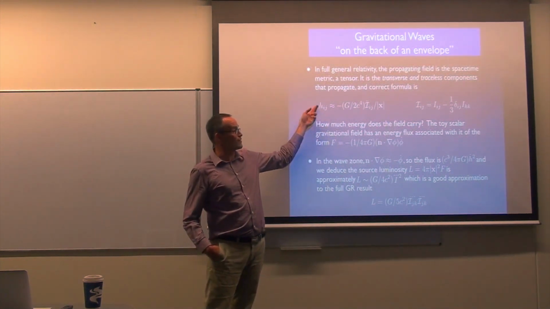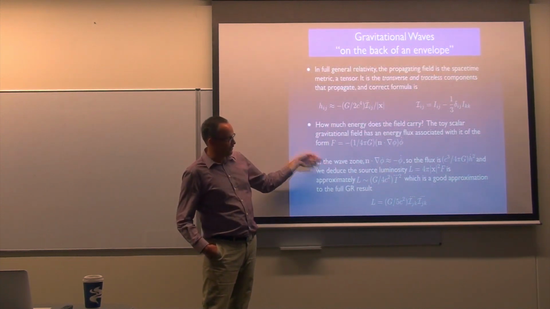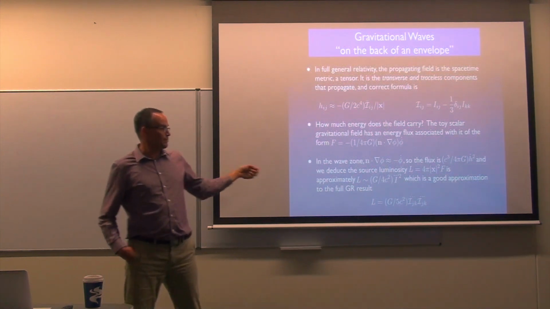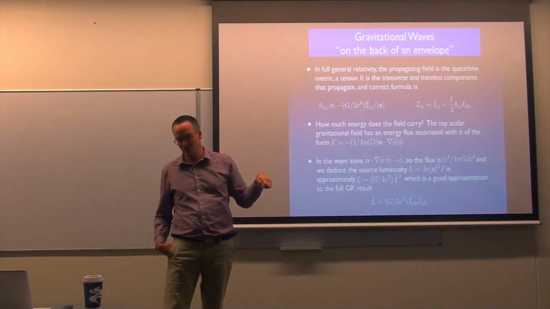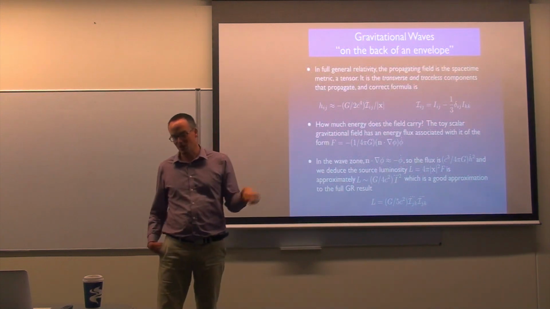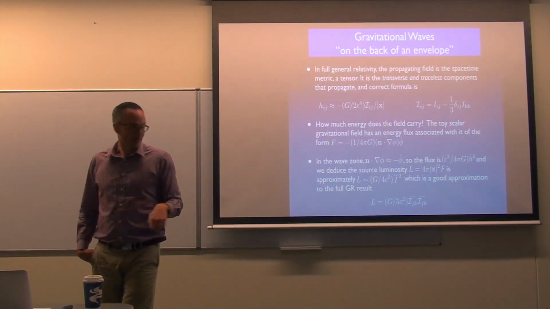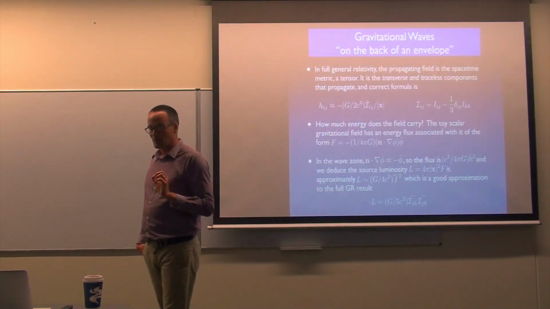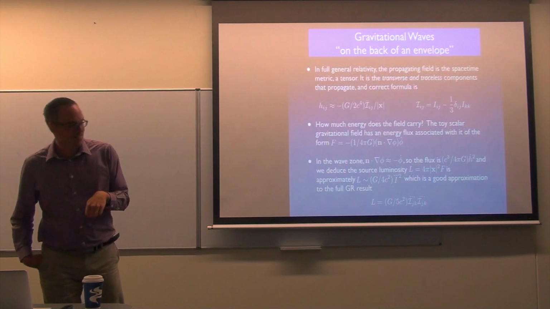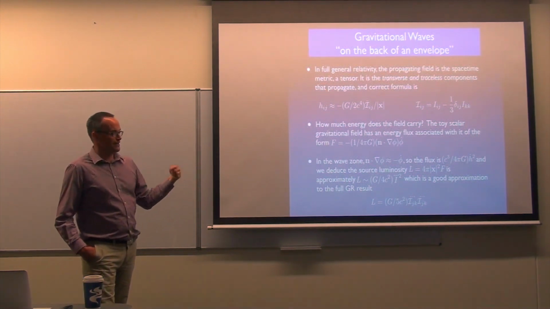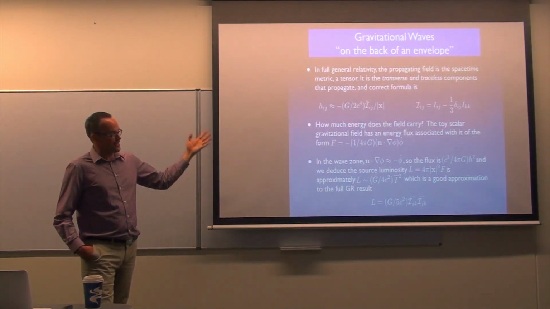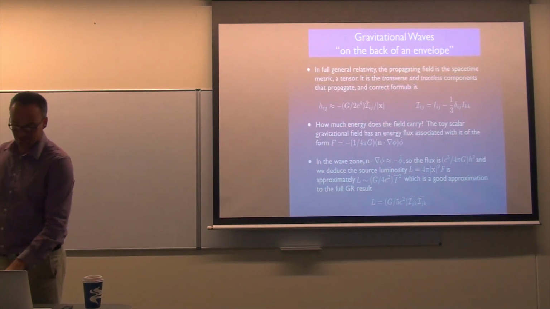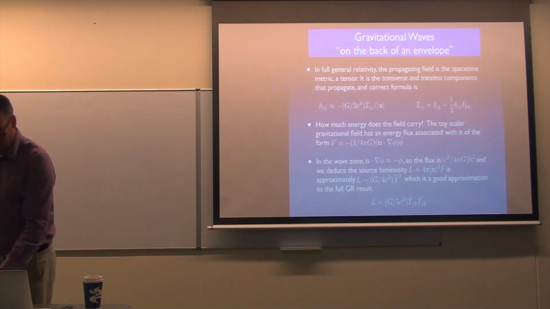So you deduce that the energy carried is the derivative of the potential squared, and since the potential goes like I double dot over distance, the derivative of the potential goes like I triple dot over distance. Again, you don't get the right prefactor, you get a quarter of a fifth, but it's pretty close, and if all you care about is understanding the scaling and detectability of sources, then this is an easy way to get those leading order results. But you can't extend the analogy forever.